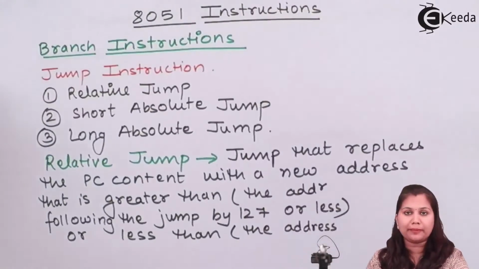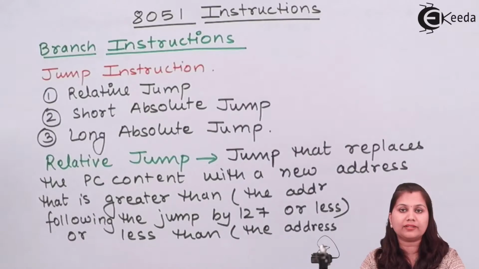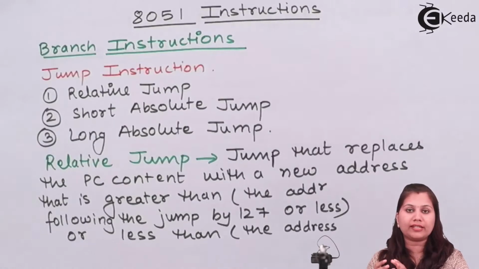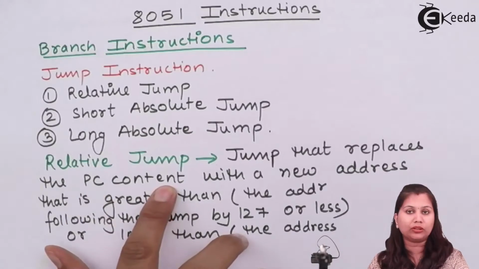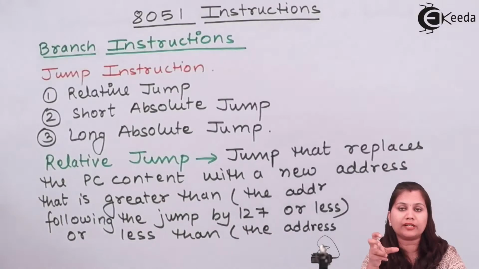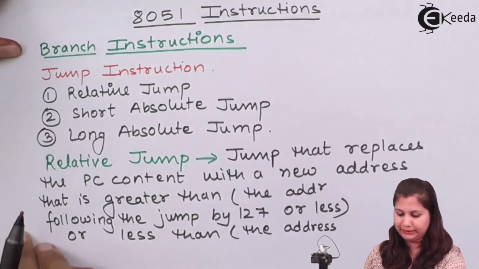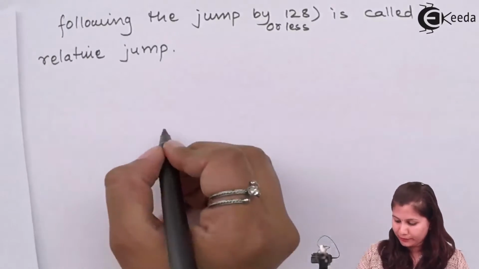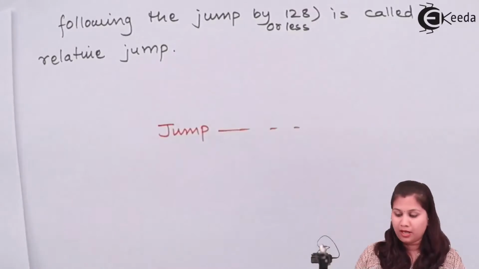The relative jump instruction is a jump instruction which replaces the contents of the program counter with an address, and that address is relative to the program counter, which always holds the address where the next instruction is written. Let's see diagrammatically what this jump instruction is. Suppose the jump instruction is written here.